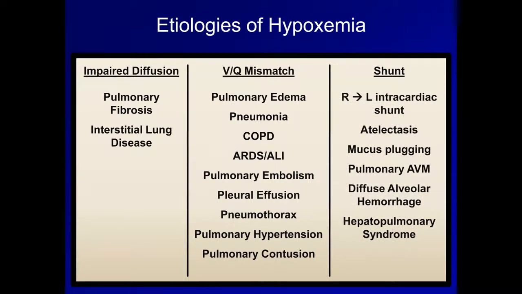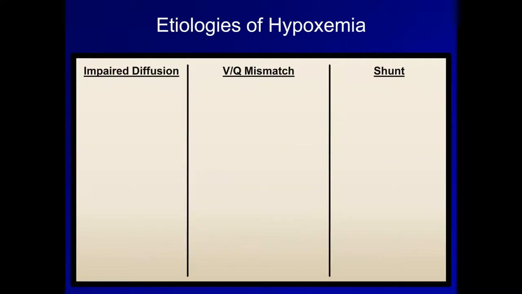The problem with this process is that, unlike the etiologies of acid-base disorders, the etiologies of hypoxemia cannot be neatly categorized by mechanism, because almost all etiologies result in hypoxemia via more than one mechanism, such as with a PE as we just saw. A true categorization would look something more like this.